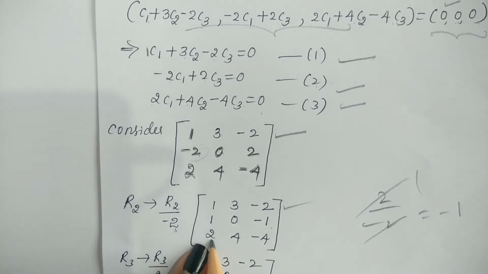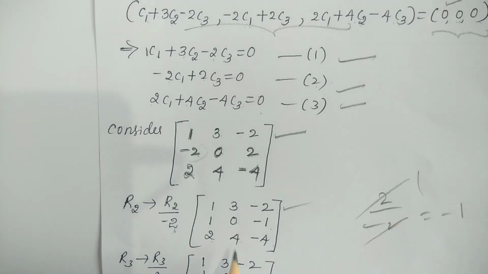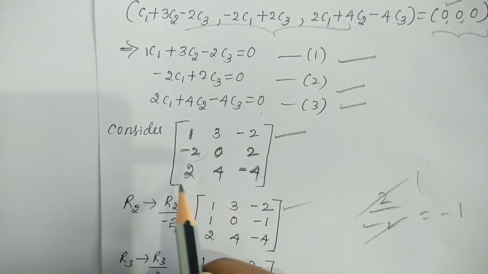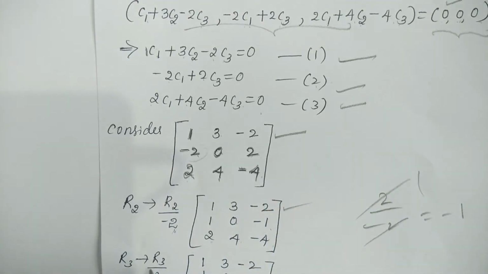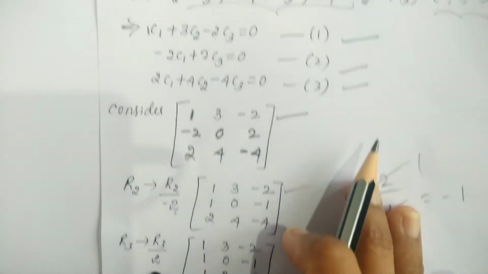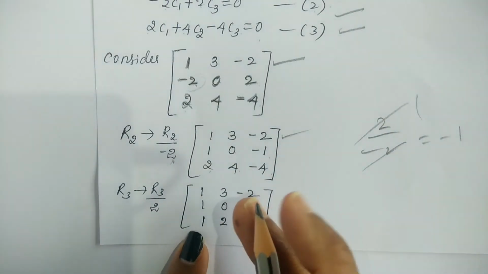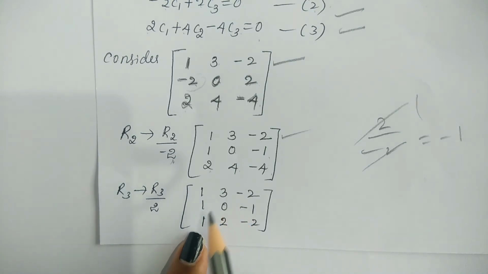Next, as it is R3, 2, 4, minus 4. Now divide R3 by 2. You can use R2 and R3 simultaneously, but I am doing it in 2 steps to understand clearly.